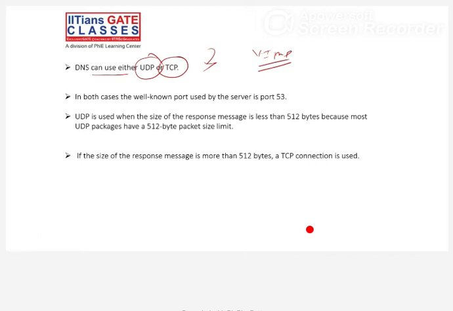In the recursive, let's say we are asking for mcgrow.com. So I need the address of this. It will go from whatever client we are using to the DNS client, and from the DNS client to that particular node.